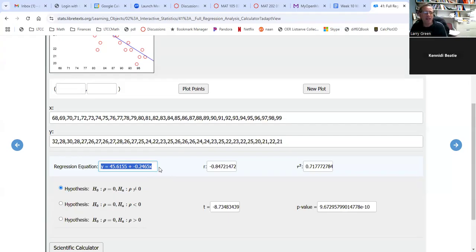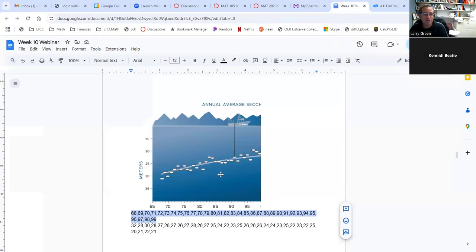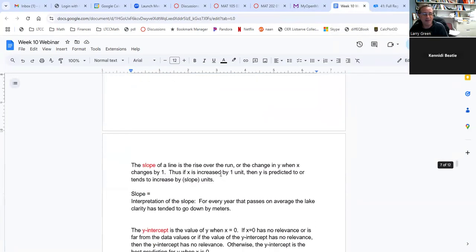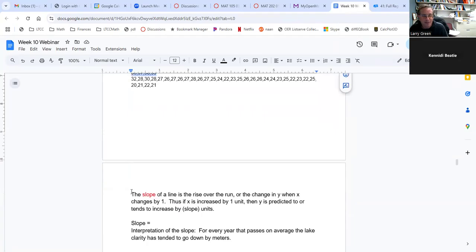Okay, so we want to talk about how do you interpret that. Any questions on that? So let's go back because I put all this in here. Okay, so I want to remind you a little bit of math. The slope of a line is rise over run. Do you remember that?